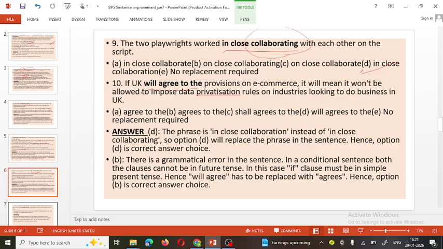If something is going to happen in the future, the if part must be in simple present tense, and the remaining part can use simple future tense. So here we need simple present tense. UK is singular, so we need to use S with agree. So, "If UK agrees to the provision of e-commerce", option B is correct here.